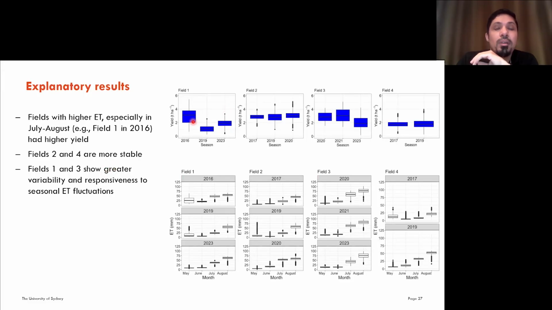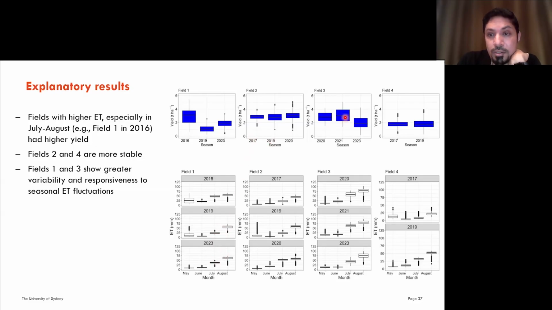So as you can see in the box plots, in 2016, for example, in field 1, you will have higher yield compared to 19 and 23. The reason, I think, is that the ET is almost similar in July and August, and you can see here there's a massive difference between July and August for both years.